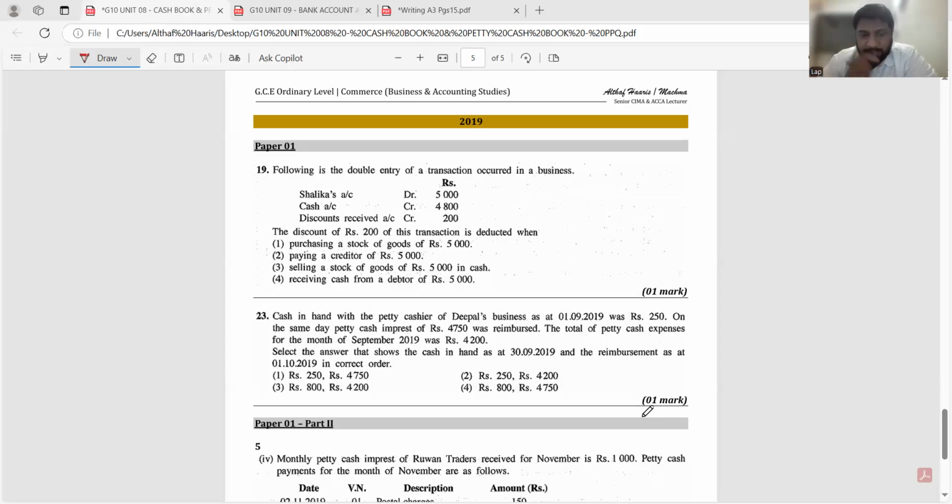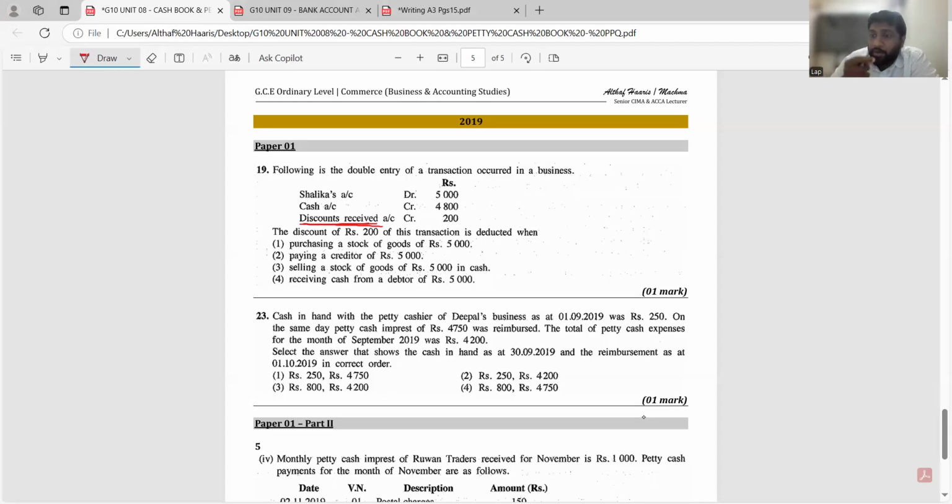Okay, so let's discuss the last set of questions. Following is the double entry of a transaction that occurred in a business. The discount of 200 in this transaction is deducted when? Generally, we will receive discounts when we make the cash payment.